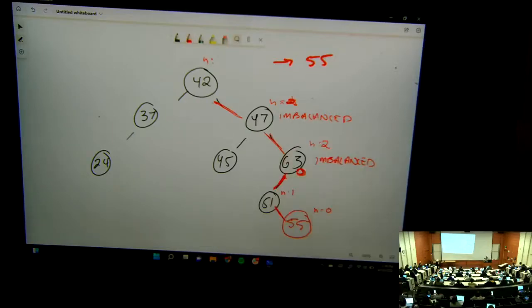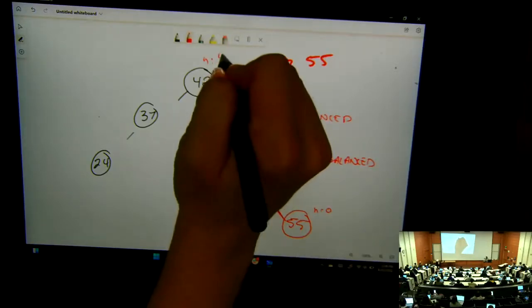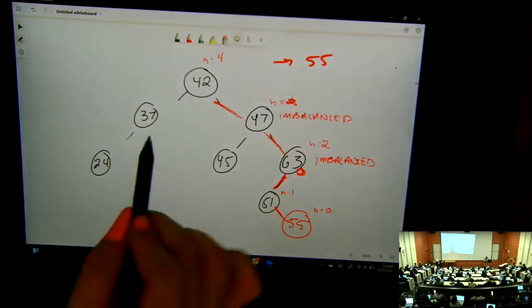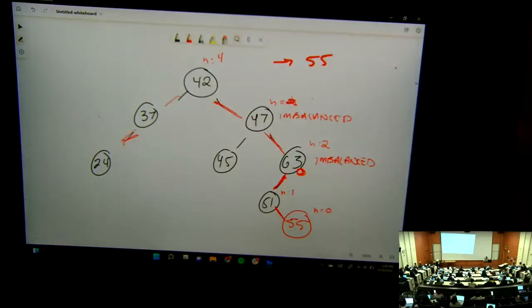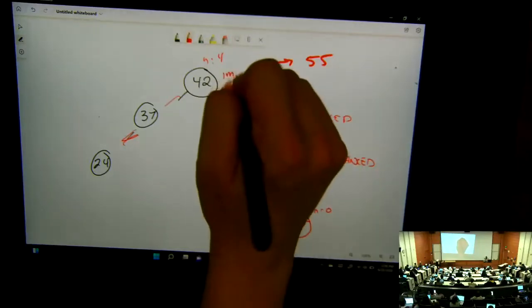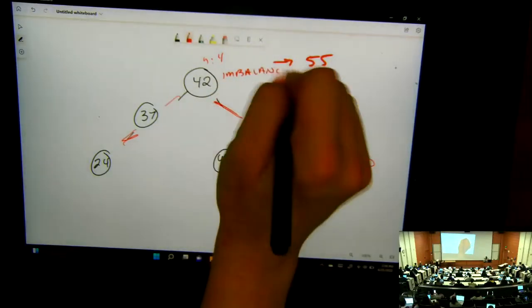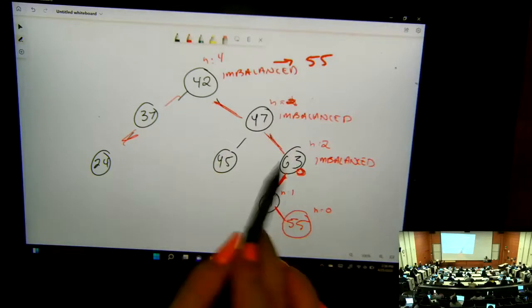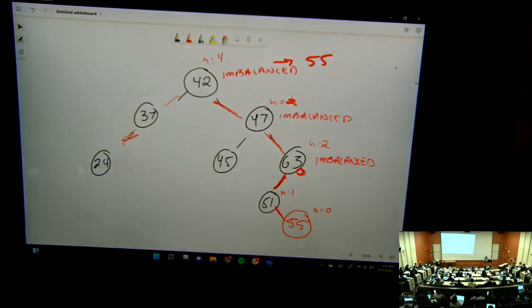Is that correct? Yep. Okay. And that's compared to what over here? So what's going on? Imbalanced or balanced? Imbalanced. So 63, 47, and 42 become imbalanced, and 55 becomes the child of 51.